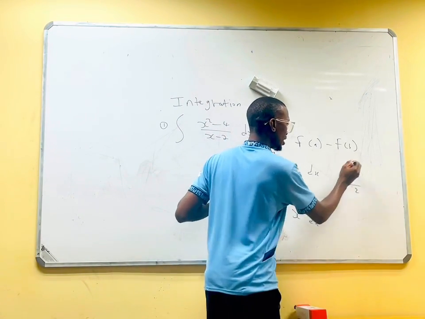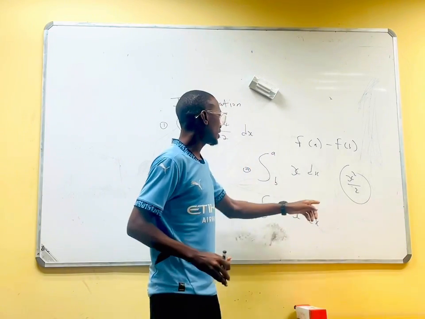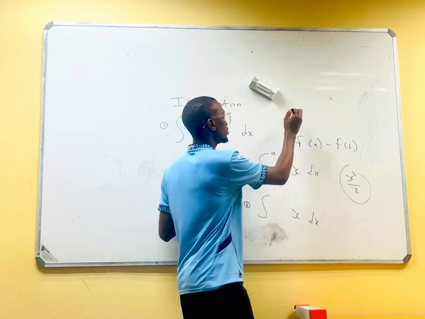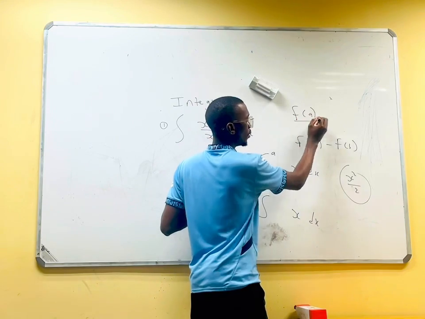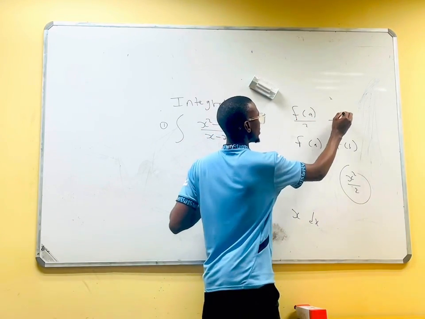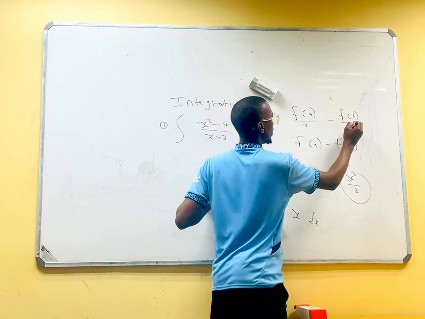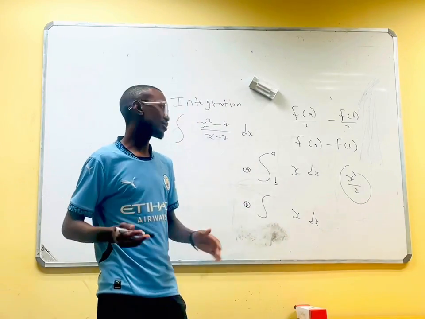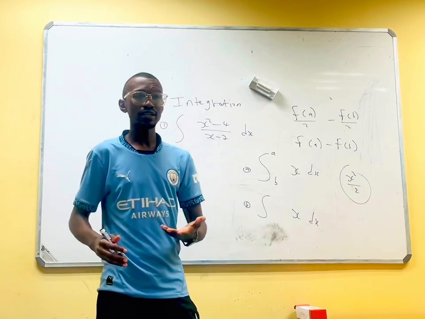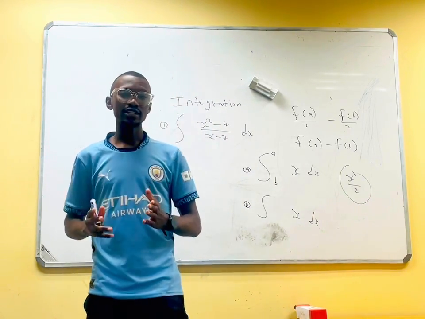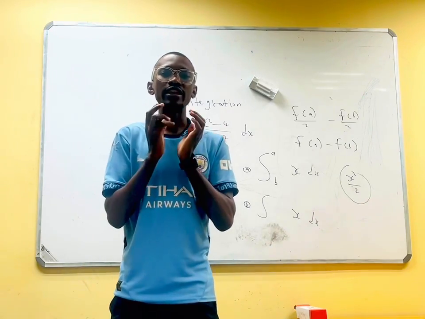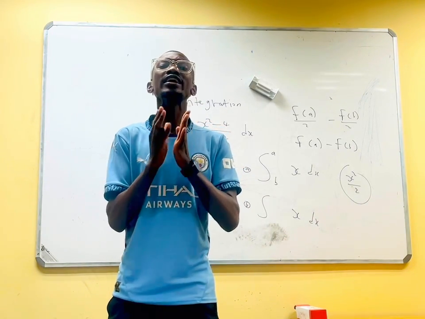Since this is our final product, you're going to say A squared over 2 minus B squared over 2, and then you're going to get your answer. So whenever you're dealing with a definite integral, you always end up with a value.